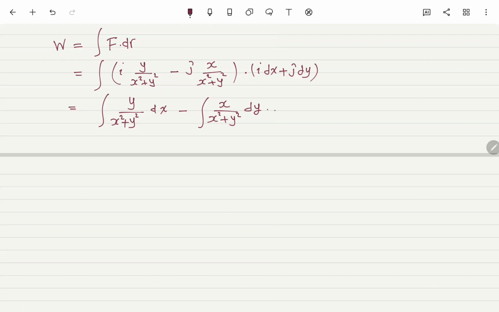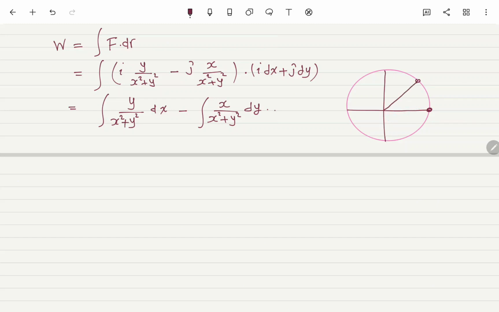Now, rather than using Cartesian coordinates, let's use polar coordinates, since the object is moving in a circular path.